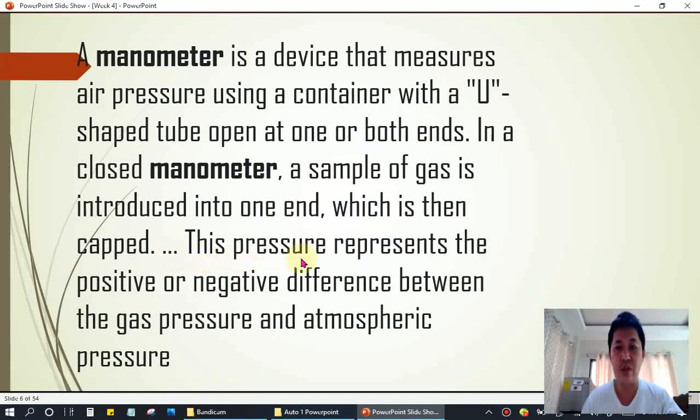This pressure represents the positive or negative difference, so the differential pressure, between the gas and the atmospheric pressure. So that is the U-shape or the U-tube manometer.